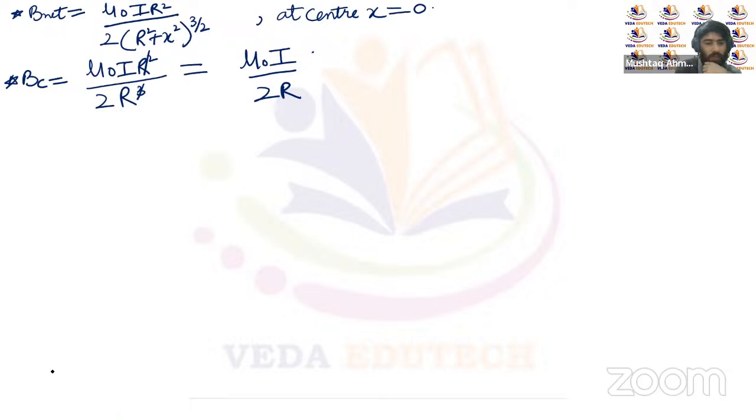Let's suppose our B is B axis. We can write it as B axis equal to mu naught I r square upon 2 times r square plus x square to the power 3 by 2.